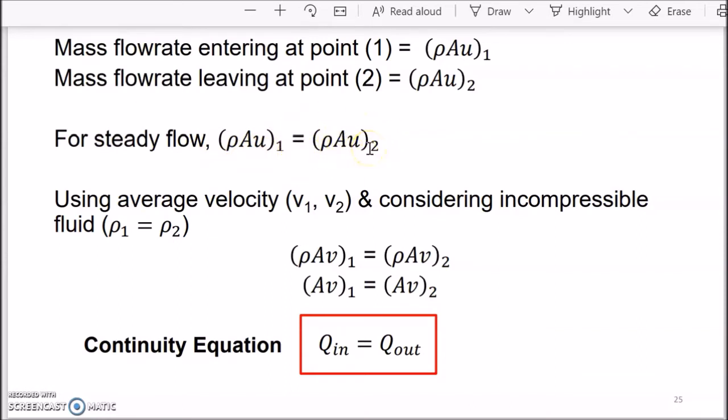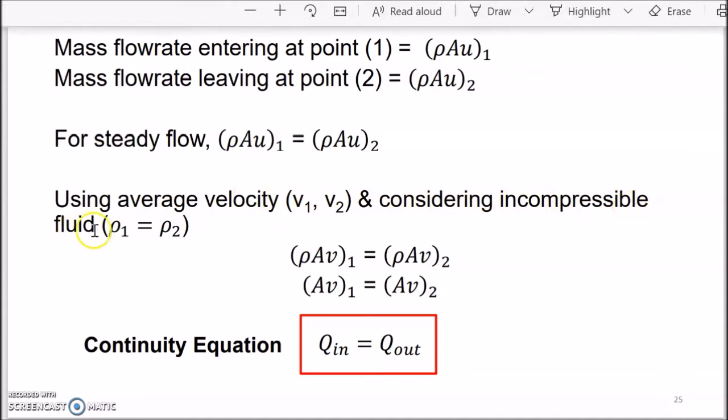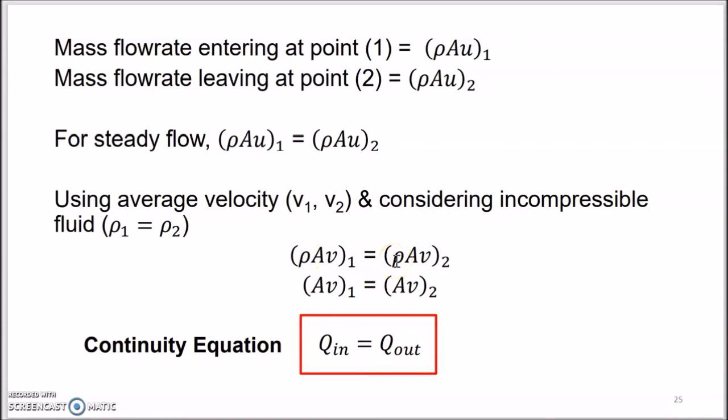Using average velocities V1, V2 and considering an incompressible fluid, ρ1 equals ρ2, so ρA V1 equals ρA V2, and we eliminate ρ because the density of water is the same, 1000.